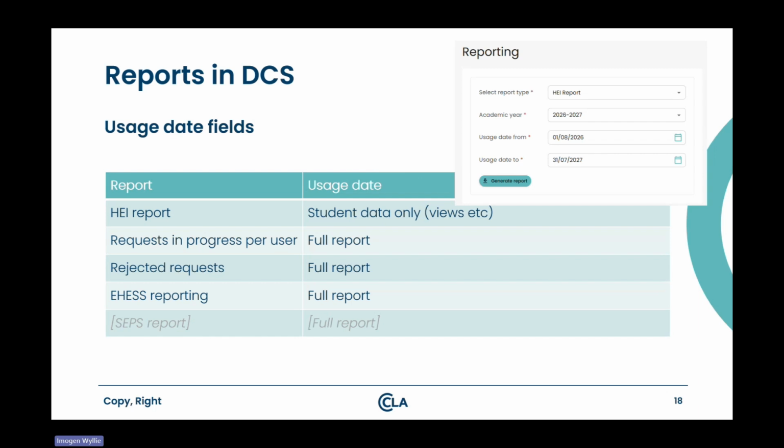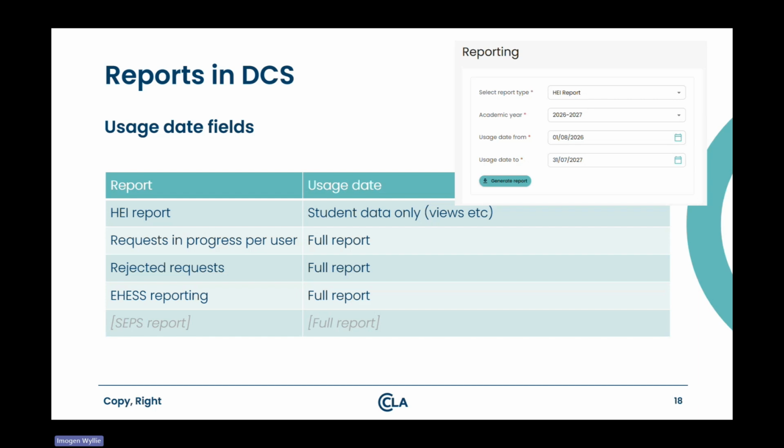Let's have a little look at the usage date field. People have been a little bit confused by the usage dates, and what does that refer to? This is underneath the academic year, there's this usage date. Now they actually do two different things depending on the type of report. In an HEI report, these are the student data only.